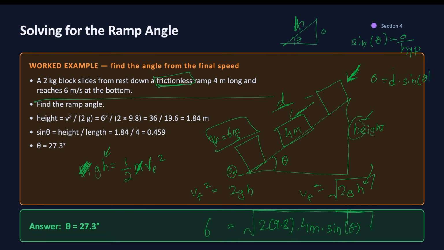So how can I solve for that? Whoops, calculator. You can square 6 on both sides, right? So you'll get 36 is equal to 2 times 9.8 times 4 times sine theta. So you divide 36 by 2, divided by 9.8, divided by 4, and then you take the arc sine of that, which should give you 27.3 degrees.